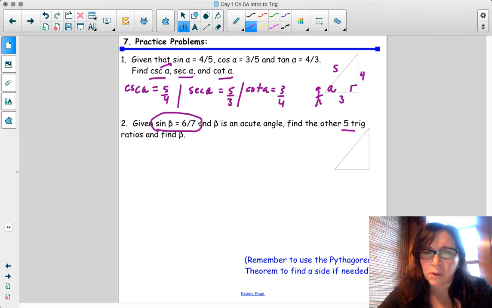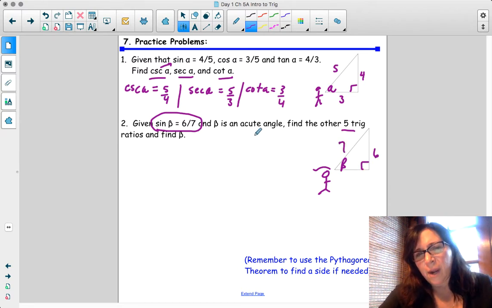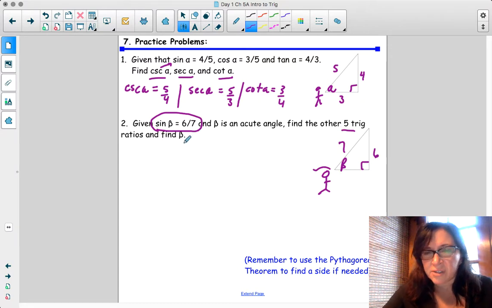So sine of the angle is 6/7. I'm going to say this is beta, and I'm going to put myself here. Opposite over hypotenuse. There's my right angle. Before I can find all 5 of the other trig functions to make 6 total, I need to find this side right here.